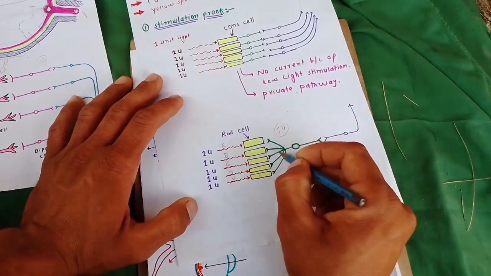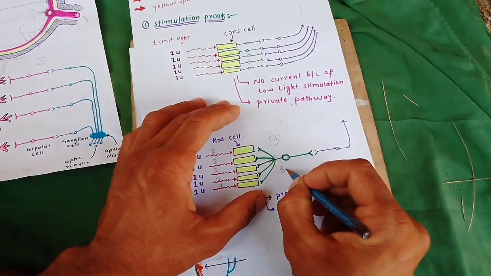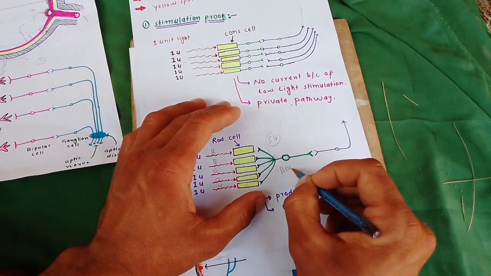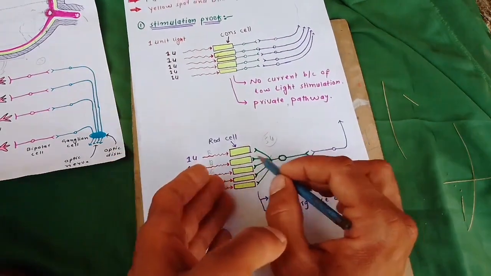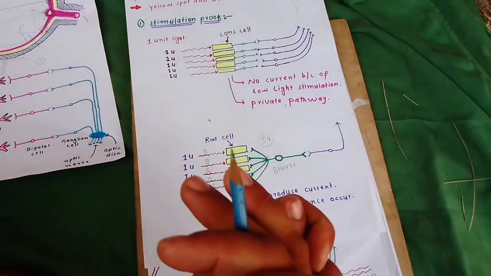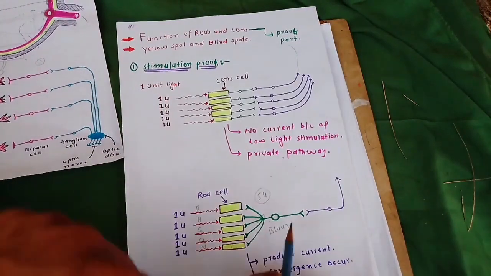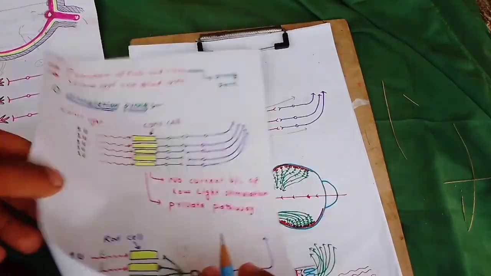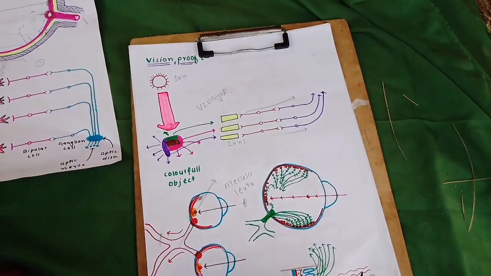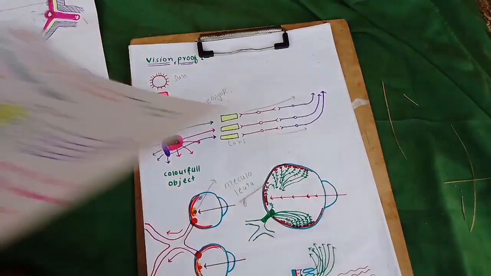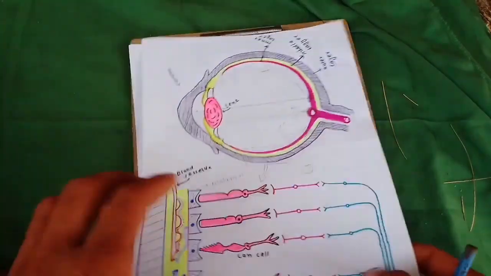Here the mixing of the colors occurs, so it does not give a colorful image but only a blurred image. This is the private path which carries images one by one to the brain. Okay, so this is a really simple concept. Here I prove the vision proof, and this is the stimulation proof.